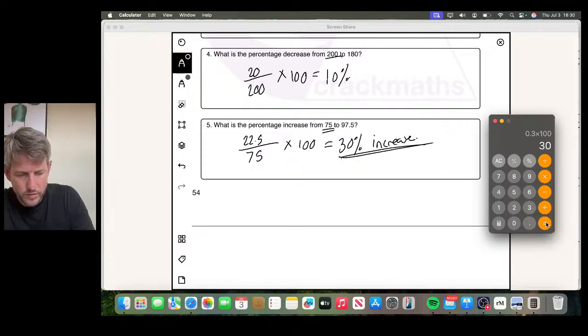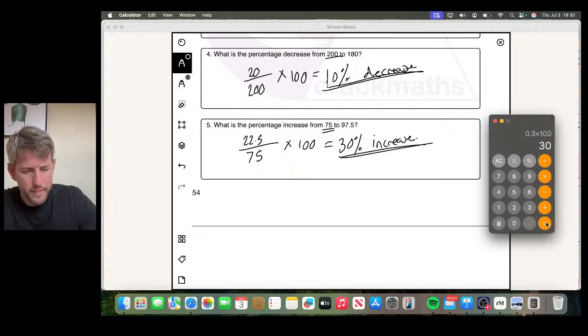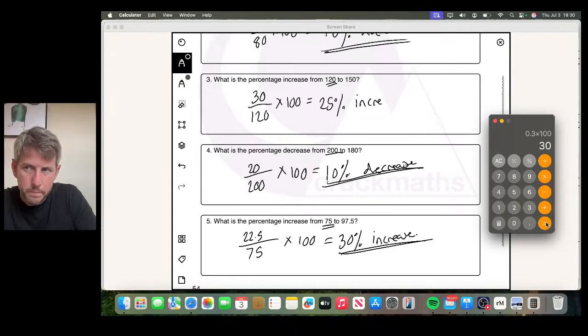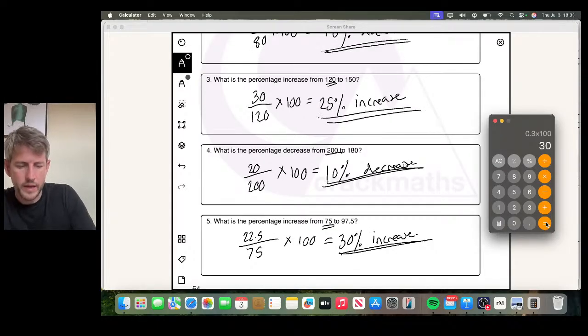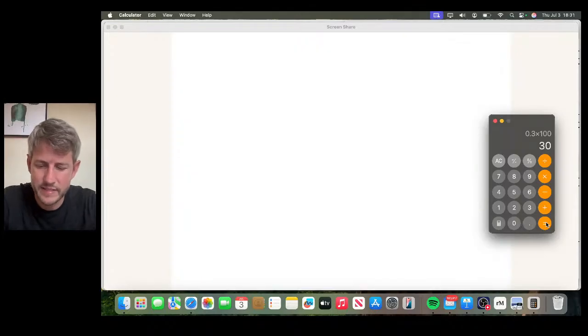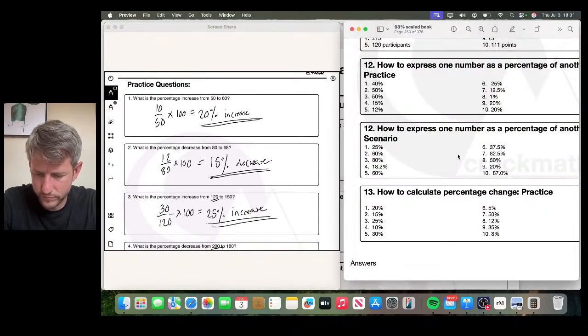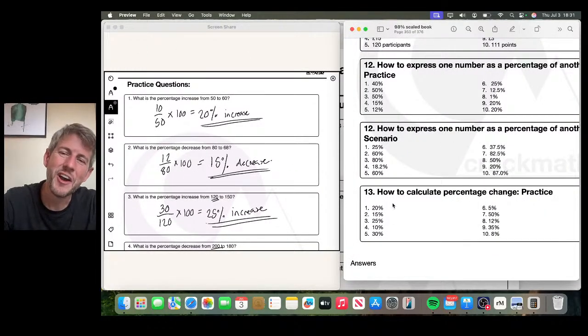Increase. Let's just make a note here. That was a decrease. And then that was an increase as well. And I'm ready to mark. So let's get ready to mark. Here we go. Oh, I didn't need the increase or decrease either way.